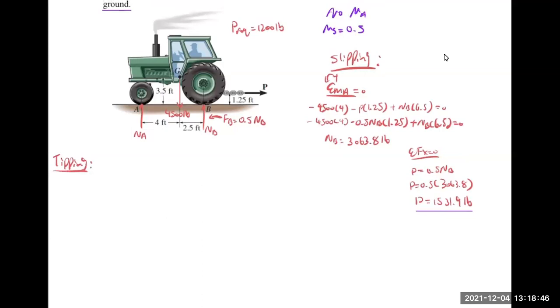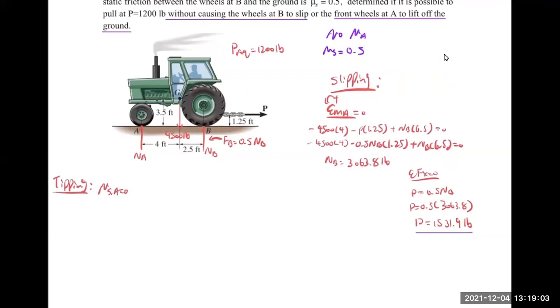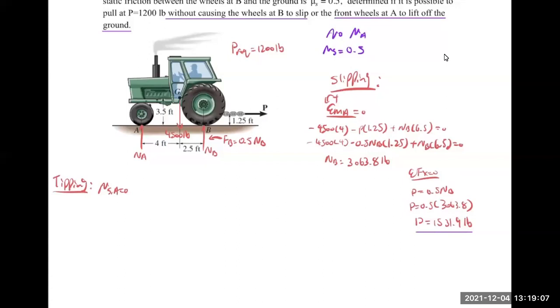We know that there's no mu SA. So if there's no mu SA, then there's no NA.